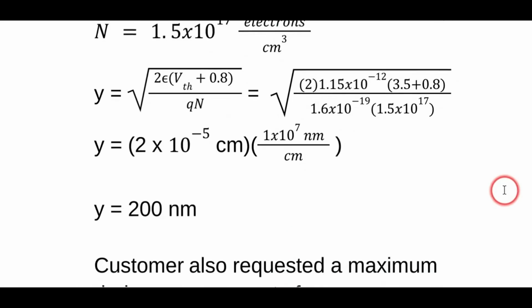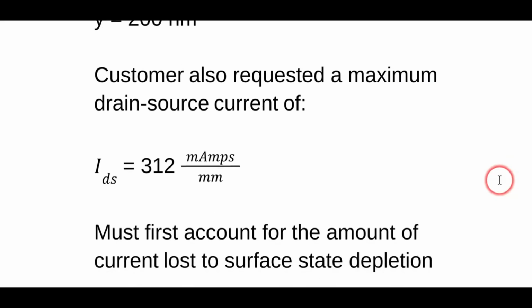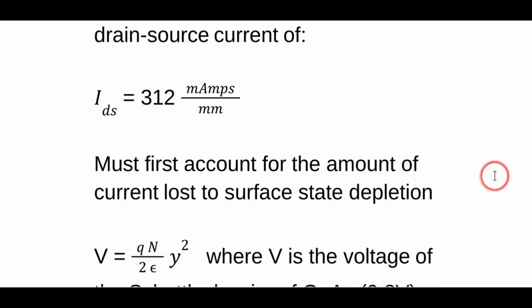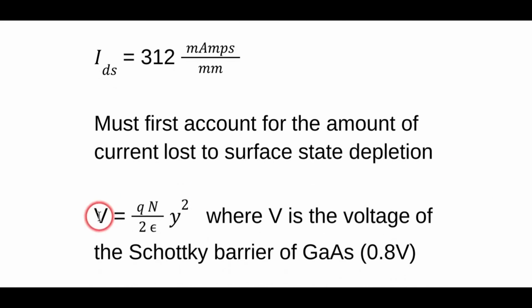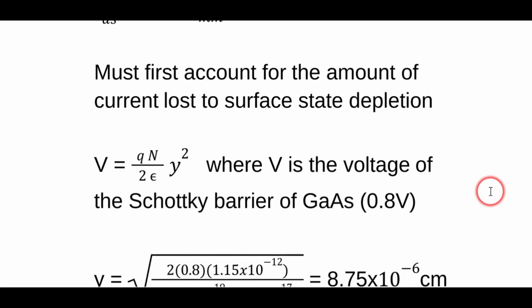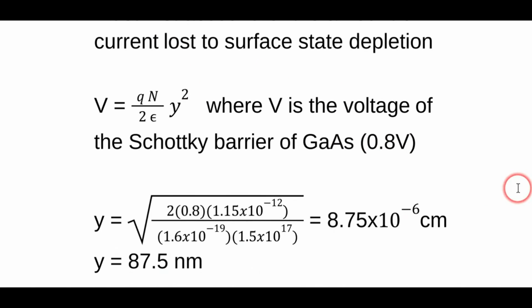So, but we calculate that using the exact same equation here, but the voltage in this case is the Schottky barrier height for gallium arsenide, which we know to be about 0.8 volts. So now we solve for that again, and we get 87.5 nanometers. That's our depletion region.